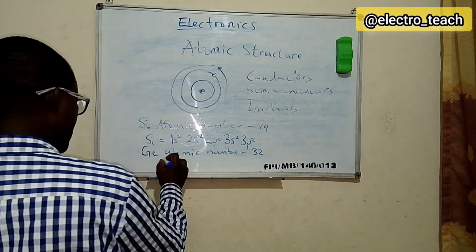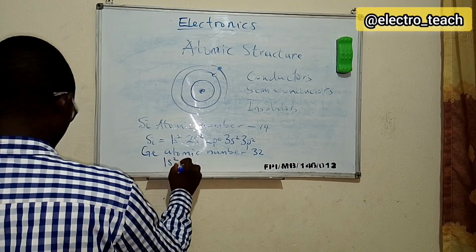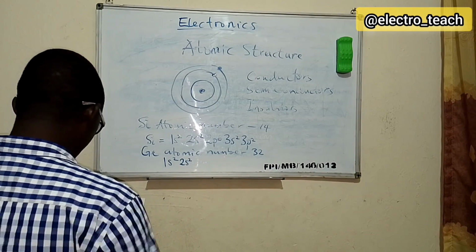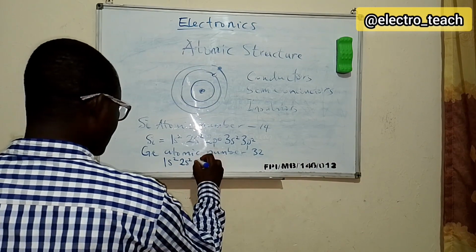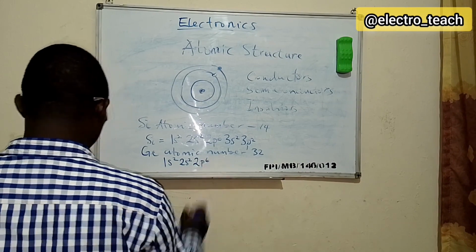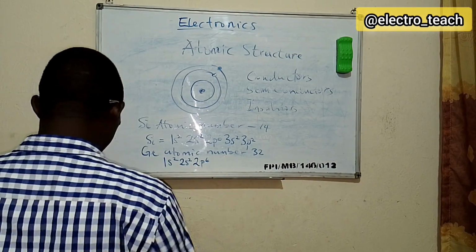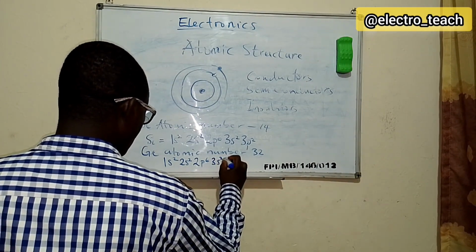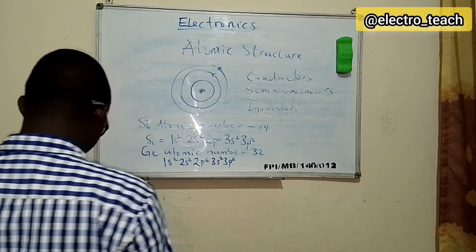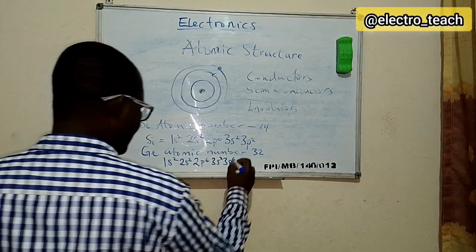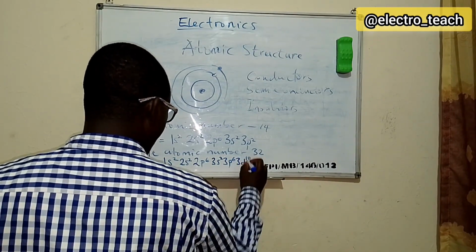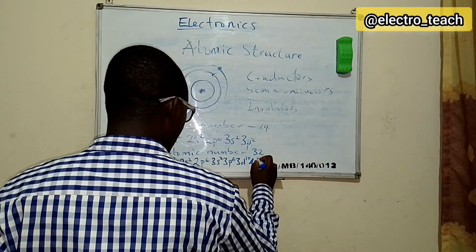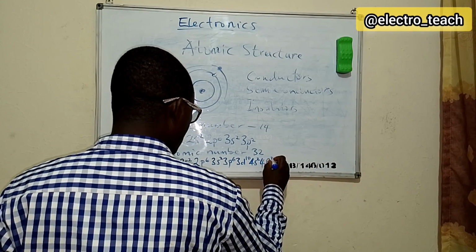And the electronic configuration is 1s2, 2s2, 2p6, 3s2, 3p6, then 3d10, then we have 4s2 and 4p2.